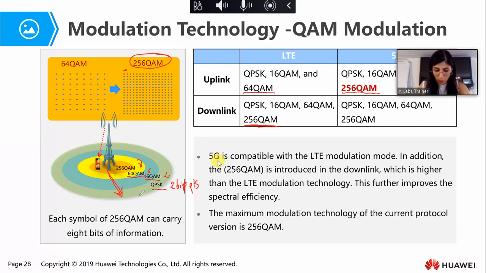So we have also to consider the noise. So we have an adaptive modulation based on the noise which is introduced. If the quality of our signal is very high, then we can use 256 QAM. As the quality starts to degrade, we can lower the order of our modulation up to QPSK.